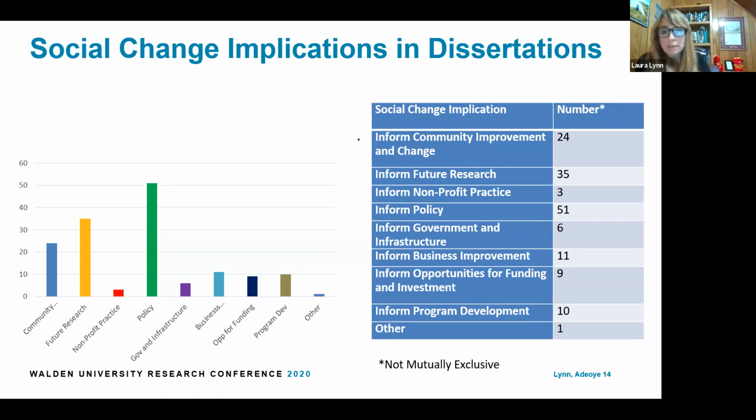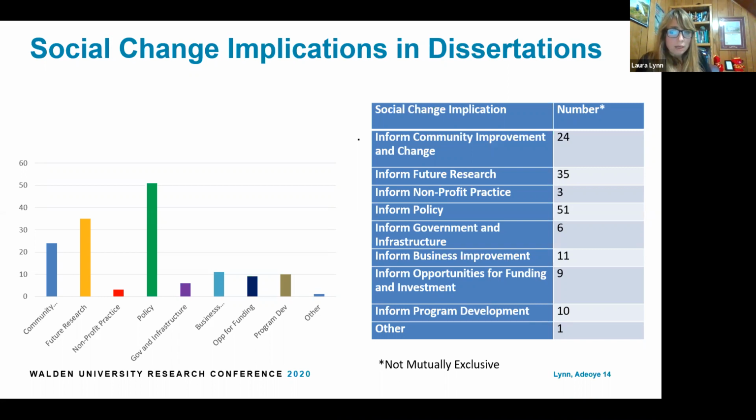Most commonly combined, we would see informed policy with community improvement and change. Also often, we'd see it combined with business improvement, or policy combined with program development, and many of them also informing future research.